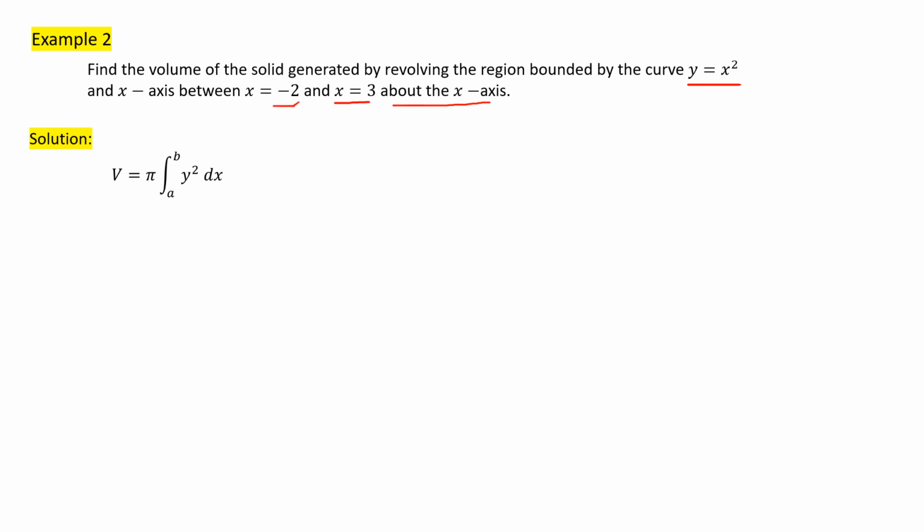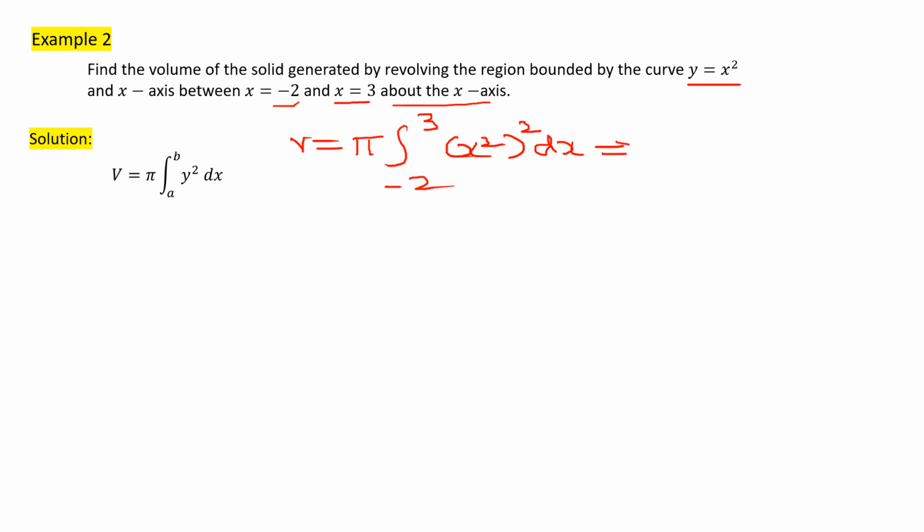So V equal to pi integral a to b y to the power 2 into dx. So that means V equal to pi integral a to b can be replaced by the lower limit minus 2, upper limit 3. From the formula we know that we have to square the given function. Now the given function is x to the power 2, so we have to write x to the power 2 the whole squared into dx.